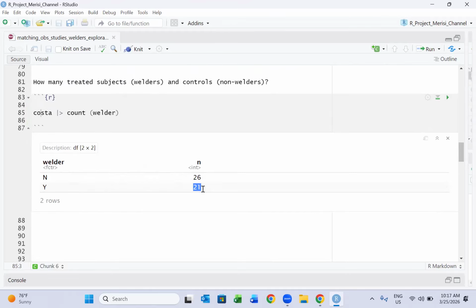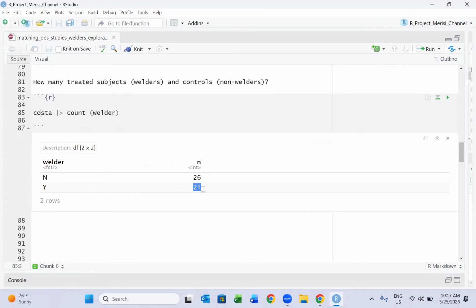That's great because every treated subject can be paired with a control. That's what I'm going to do in video number two. I will match the 21 welders with 21 controls.